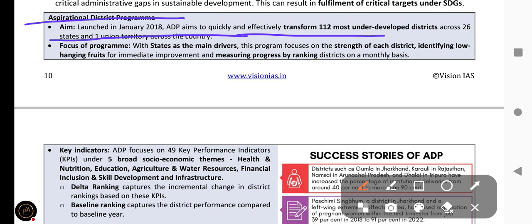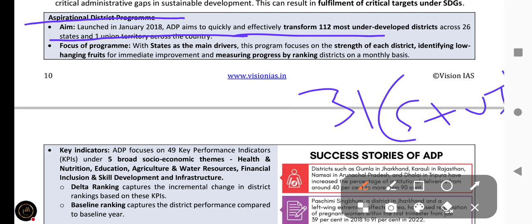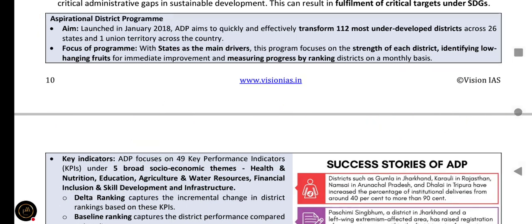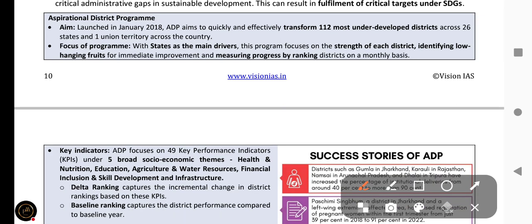Aspirational block program is in 31 states and union territories, but in aspirational district program there are 26 states plus 1 UT. Okay, that covers this aspirational district program.